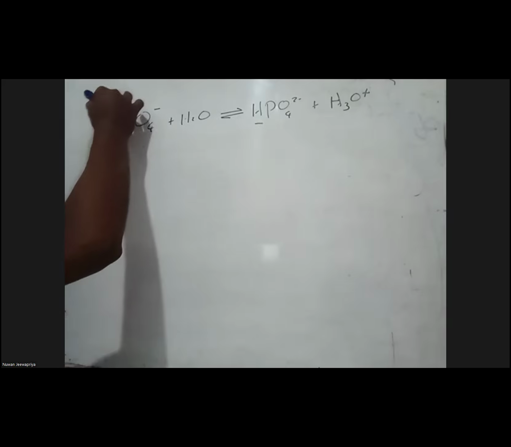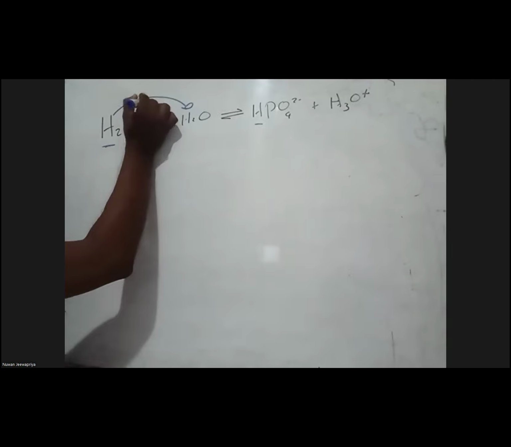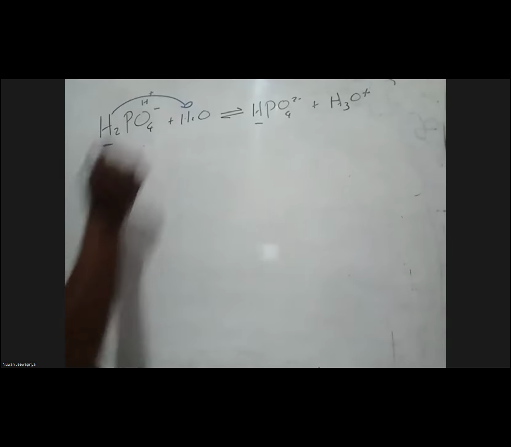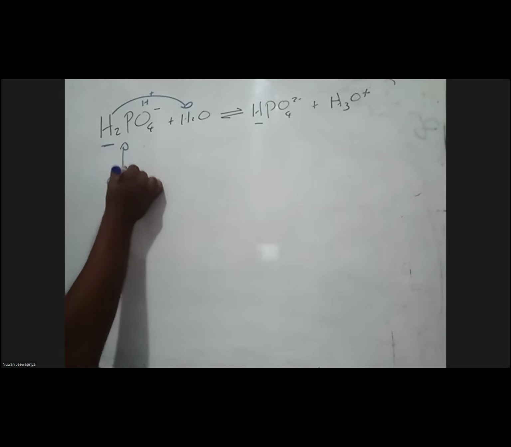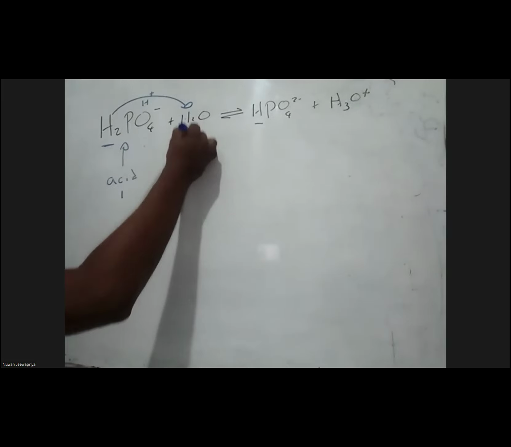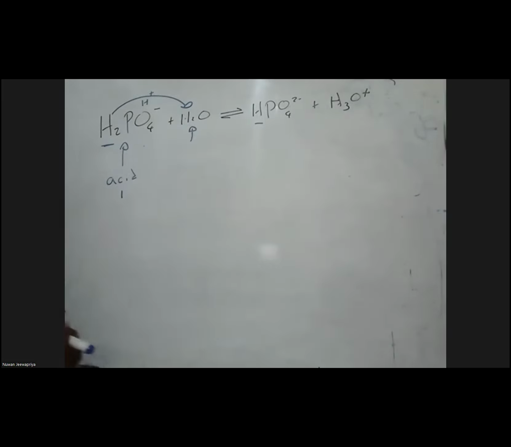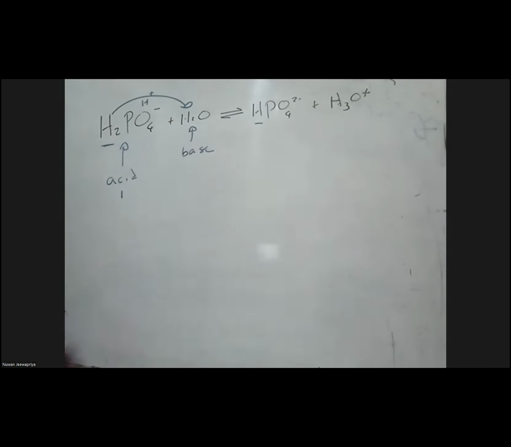So this is the donor of H plus, so it is the acid. Let me call that acid 1. And this one accepts that H plus. Proton acceptors are bases, so I will say that is base 2.